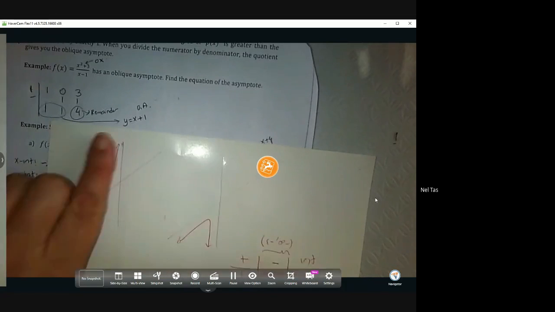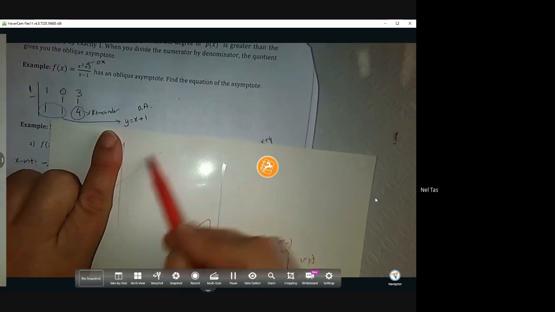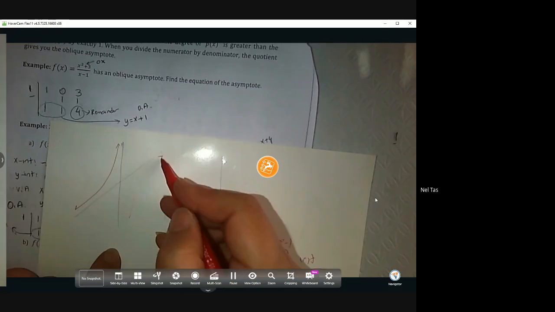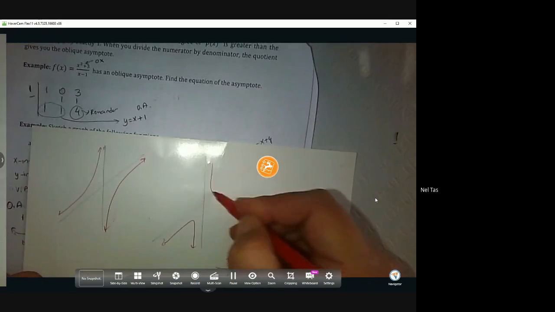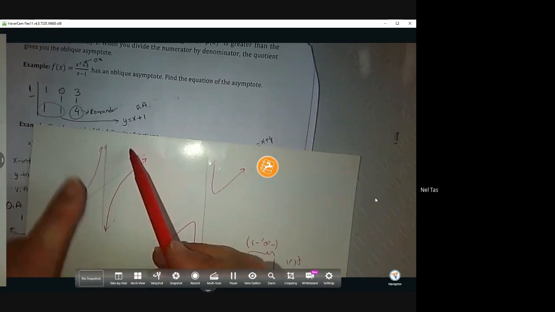Or here, let's say left side, you're going to sketch either here or there. Okay, let's say here, or for this one, here. You can't sketch here and here, then that would not be a function.